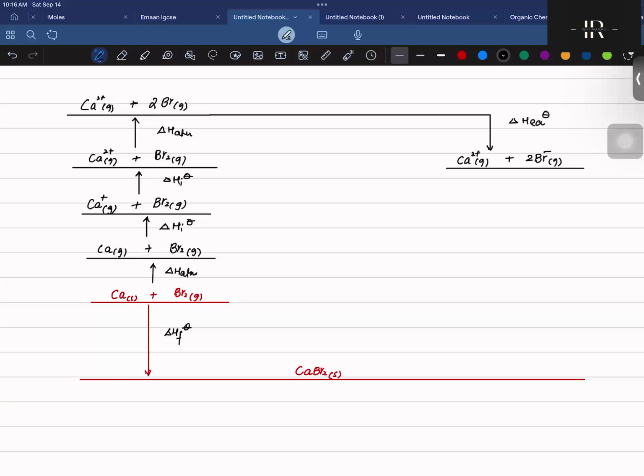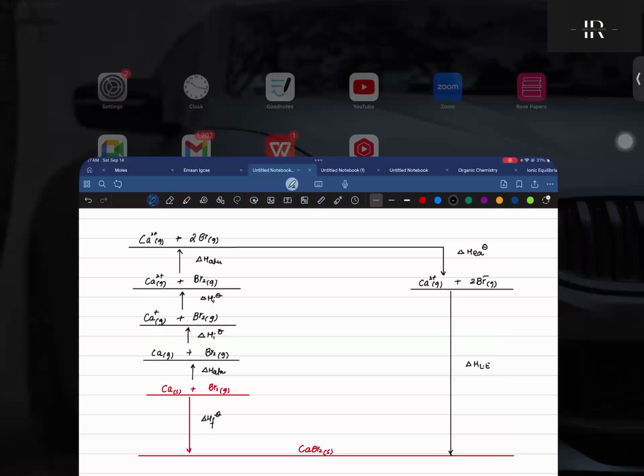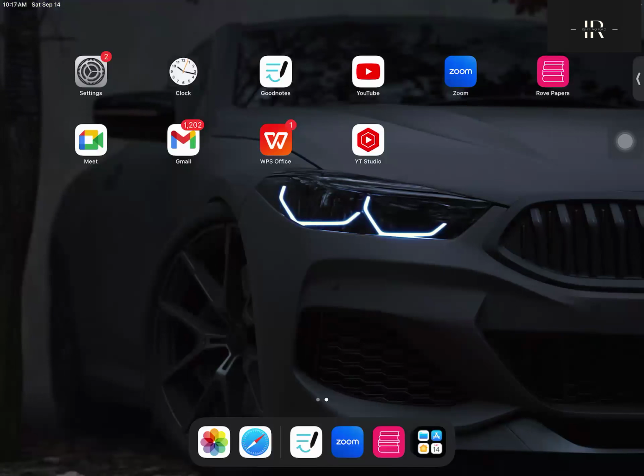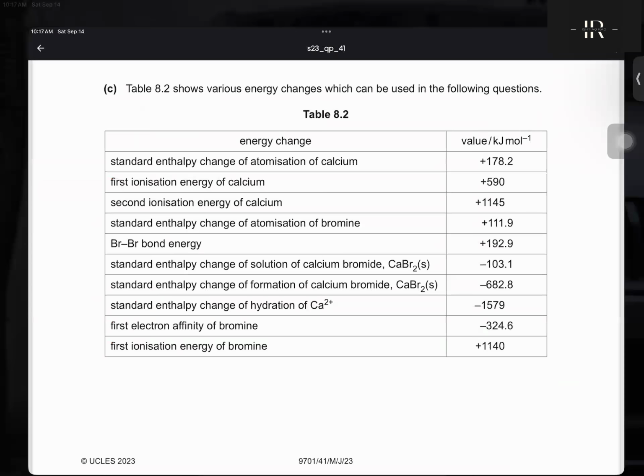They all are standard, so I am writing down standard electron affinity. Okay. And then what am I supposed to write? They would be combining with each other to form calcium bromide, that is the lattice energy. Hopefully you made this. Okay, so this was the structure.